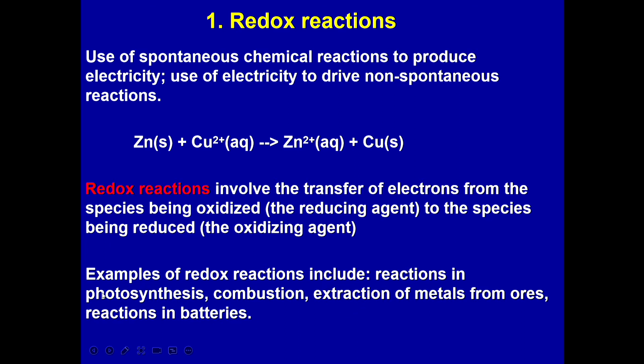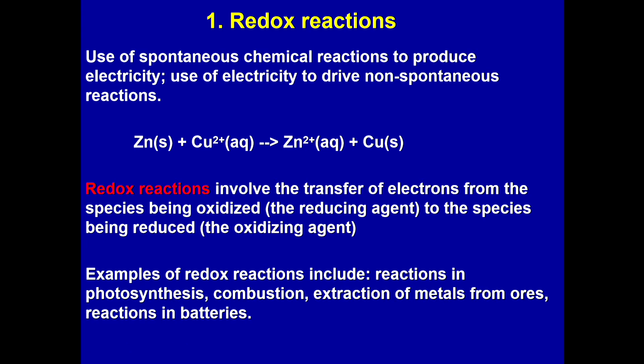Of course, there are many redox reactions, for example, in photosynthesis. What's photosynthesis? For reactions, we can provide heat, right? But photo means we use light to provide the energy.